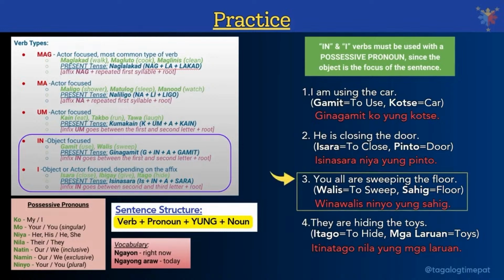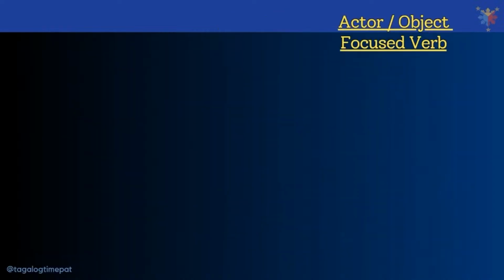Alrighty, so let's take a look at this verb walis. This is another example of where it can be an actor or object-focused verb. We learned, winawalis ko yung sahig. I am sweeping the floor. That's an in-verb. The focus is on the object, sahig. What are you sweeping? I'm sweeping the floor. Winawalis ko yung sahig.